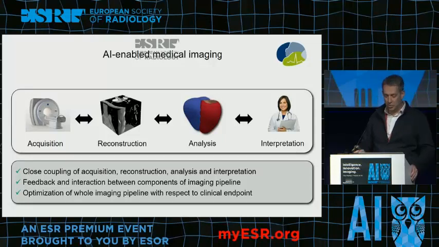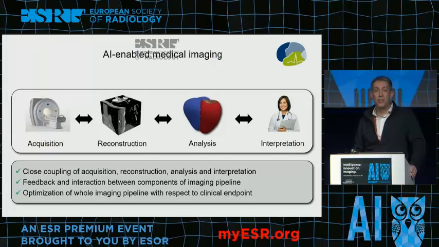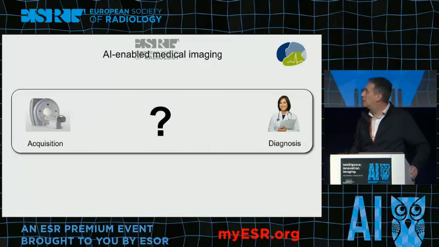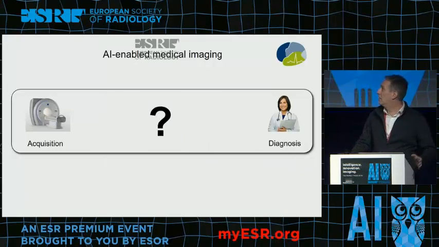So we want to have this end-to-end optimization, and we might actually be able to do this with neural networks. So one of the things I can do is take this entire pipeline. I showed you every single step of this pipeline can effectively be solved with a neural network. Why don't I simply go directly from the acquired data to the diagnosis with a neural network?